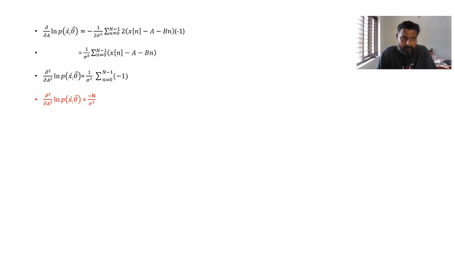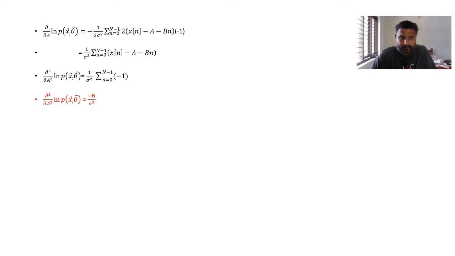So in the Fisher information matrix, the first term is nothing but minus expectation of dou square by dou a square ln of p of x of theta, which is nothing but minus expectation of minus n by sigma square, which is minus of minus n by sigma square. So that will be n by sigma square. So the first element will be n by sigma square in the Fisher information matrix, the 2 cross 2 Fisher information matrix. Now what we have to do?